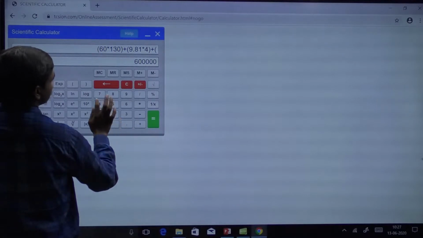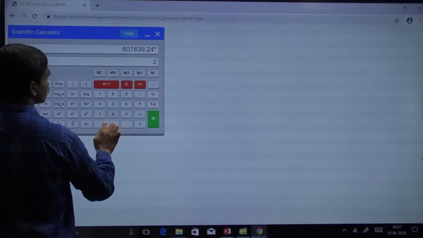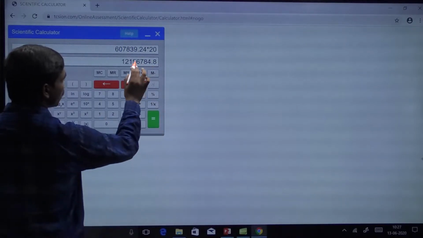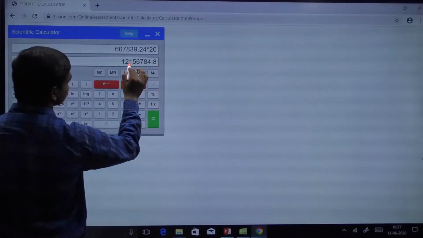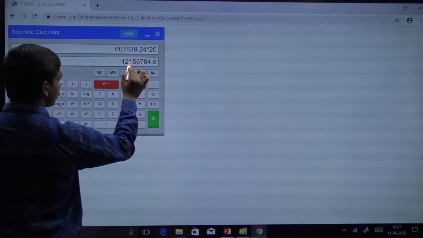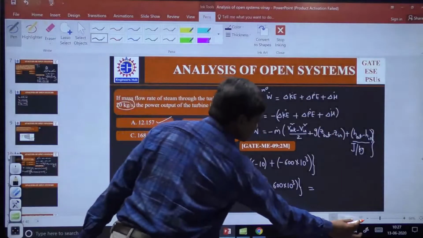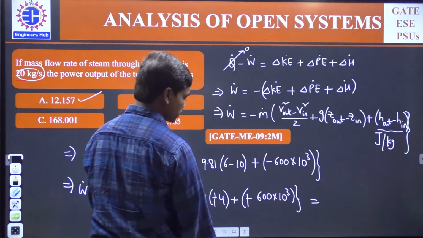That is equal to this, into mass flow, which is given as 20 kilojoule per second. So 121.567. Of course, all these values are in joules per second. If you want it in megawatts, take 6 digits from here. So if you put a decimal here, 12.156 could be the correct answer, which is 12.157, which is already given here.